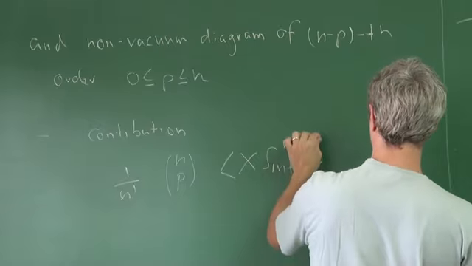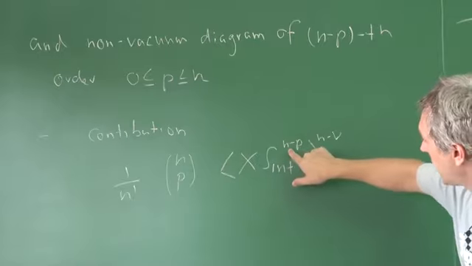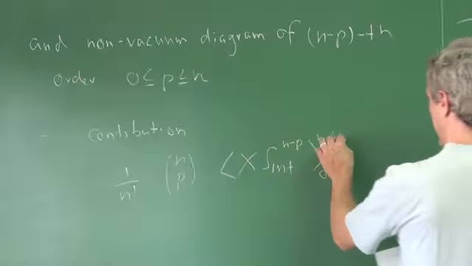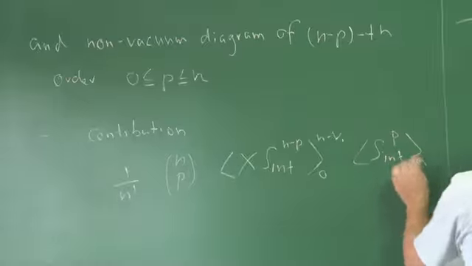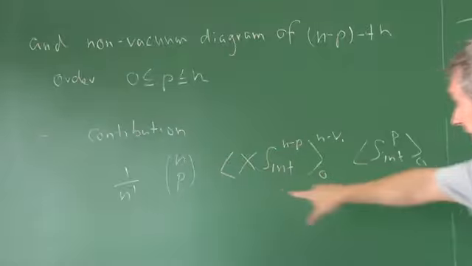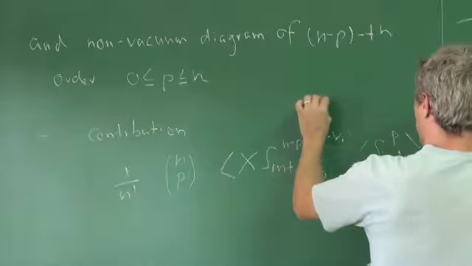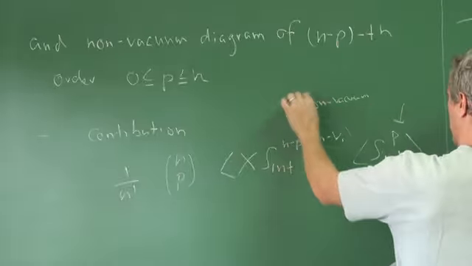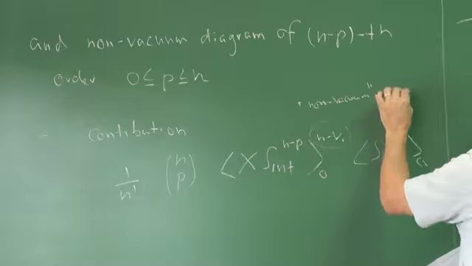So there will be a diagram of n minus p-th order, which is non-vacuum, and then there is a p-th order vacuum diagram. Okay? So that will be the contribution in nth order. So this here means non-vacuum. And this here, of course, doesn't have any external legs connected to the interaction vertex, so these will be vacuum diagrams.